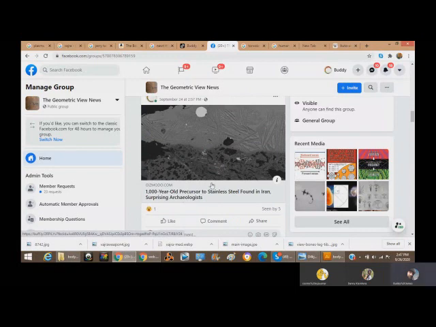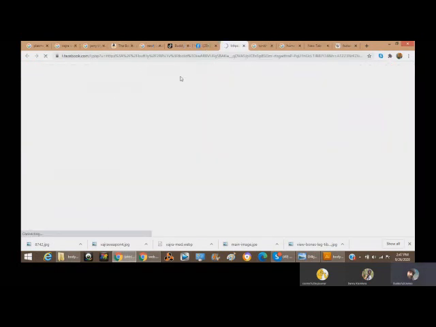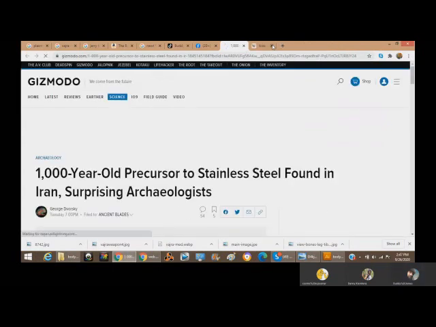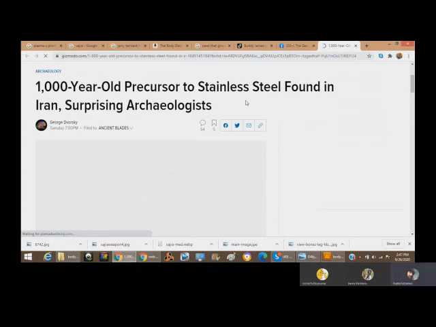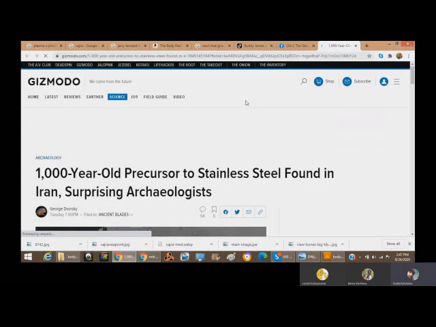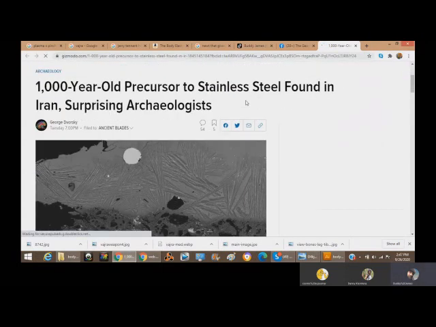Okay, a 1,000-year-old precursor to stainless steel found in Iran. That sounds pretty cool. This comes from Gizmodo.